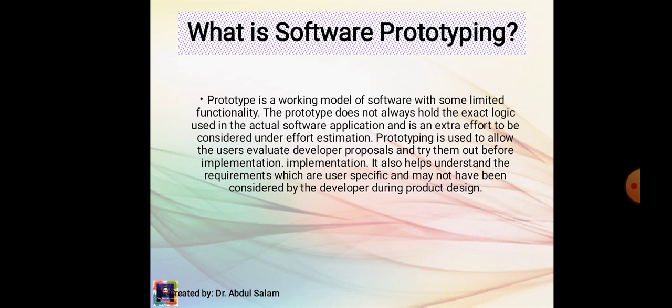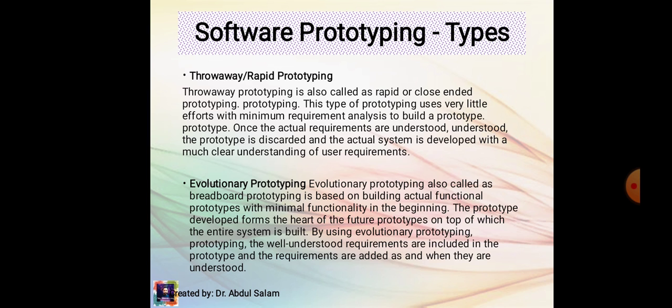Prototyping is used to allow the user to evaluate developer proposals and try them out before implementation. It also helps understand the requirements which are user specified and may not have been considered by the developer during product design. Software prototyping types.